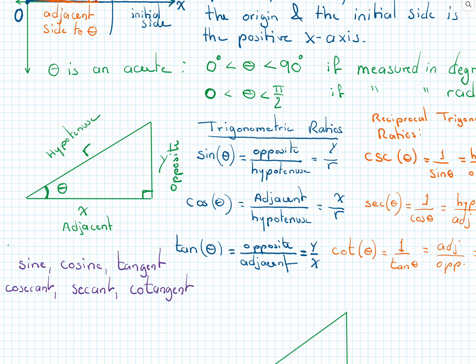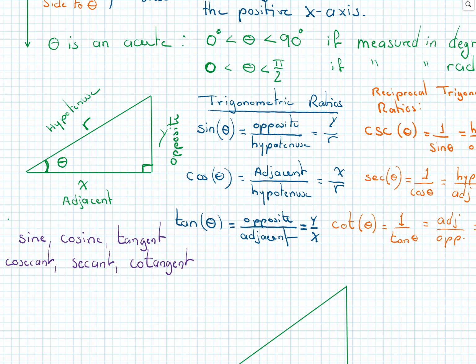All right, the next thing we want to pay attention to is those trig ratios really depend on theta and not on the size of the sides of the right triangle. Let me reiterate that, that's important. Those trig ratios really depend on theta.